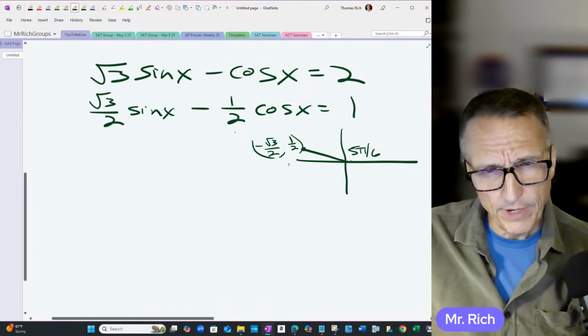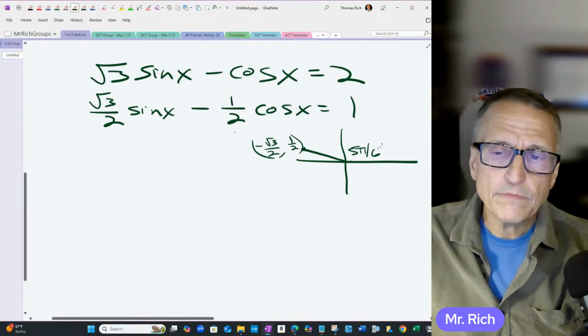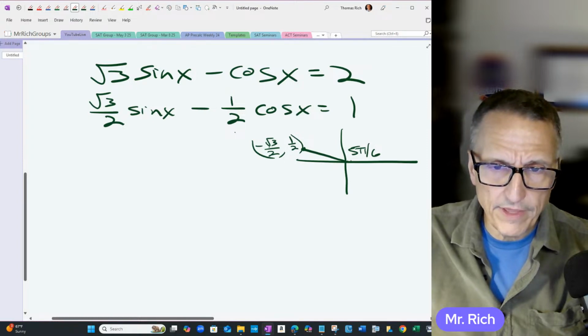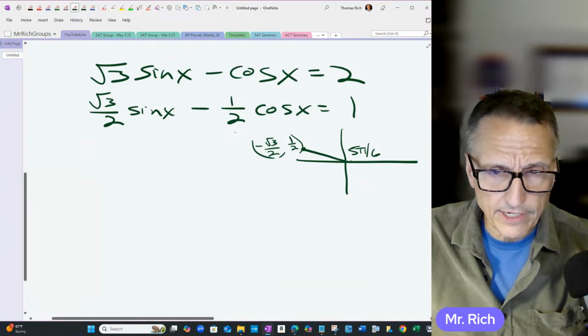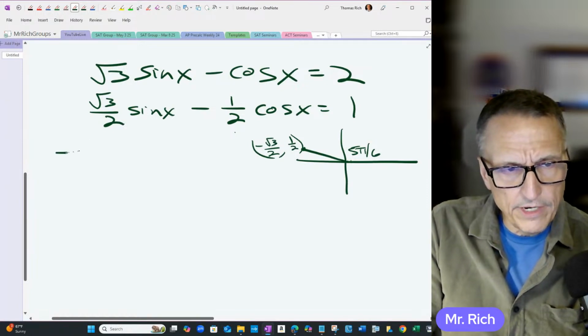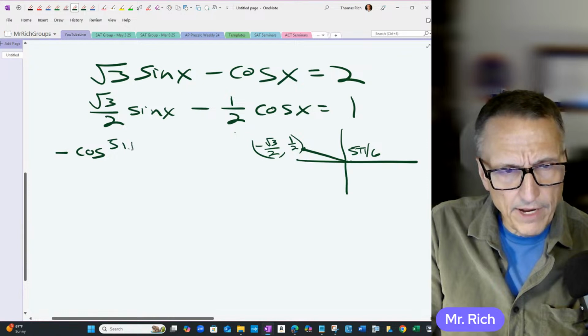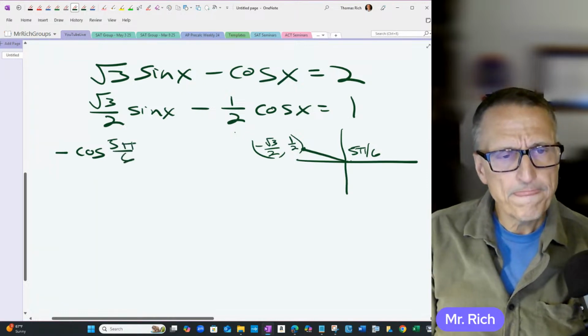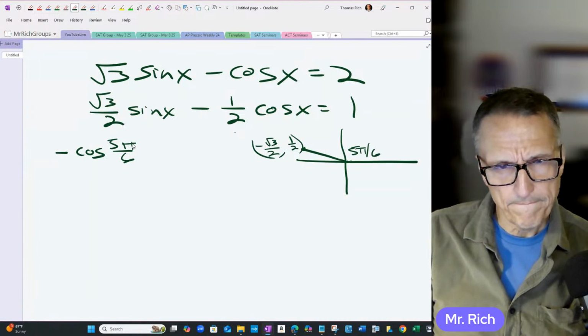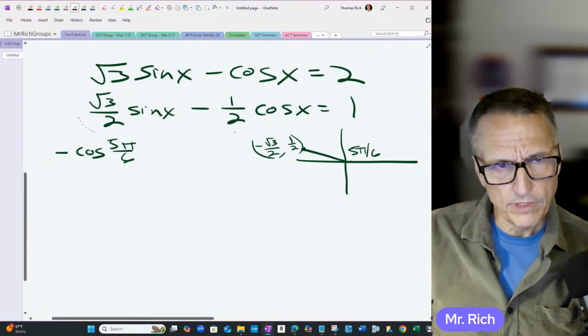That would make it into a negative. But I could replace that then with a negative cosine x. So in other words, I'm going to replace this with negative cosine of 5 pi over 6. Now, I will tell you that really what I want to do is make this one a positive.